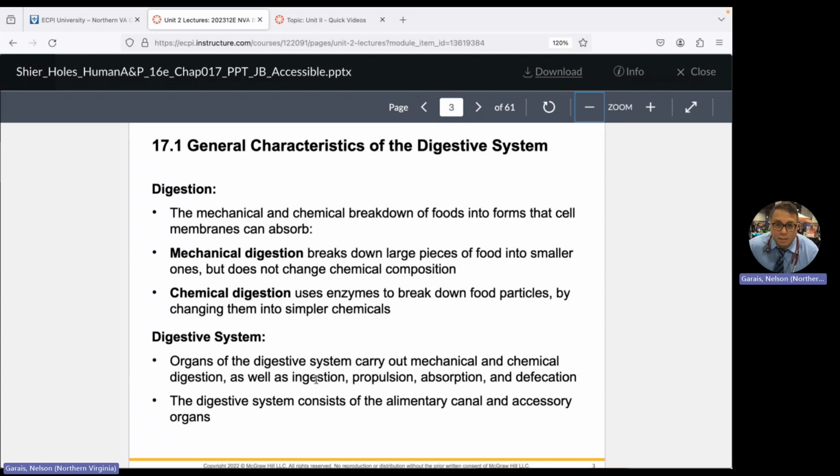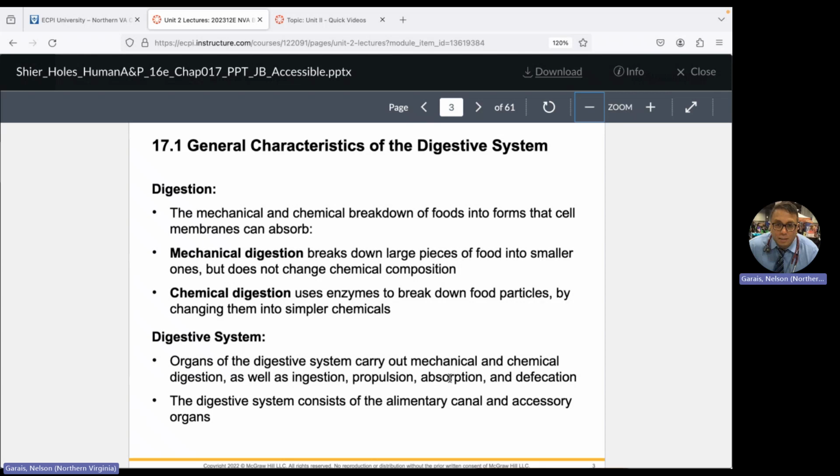Another thing to note here is these four terms: ingestion, propulsion, absorption, and defecation. These are functions of mechanical and chemical digestion. Ingestion, of course, you have to put the food into your mouth. Propulsion, it has to be moved from one place to another, from the mouth to the stomach, to the intestines, and then in the intestines, specifically your small and large intestine, good things have to be absorbed.